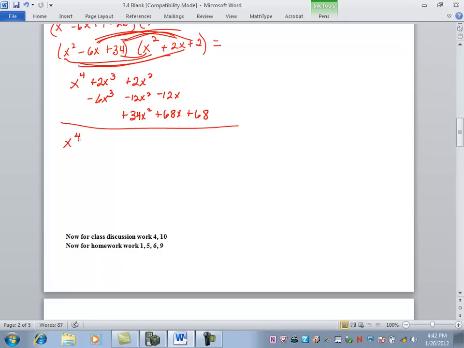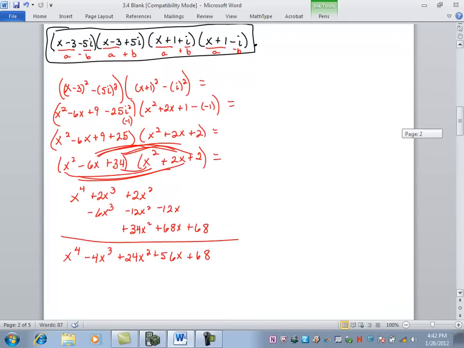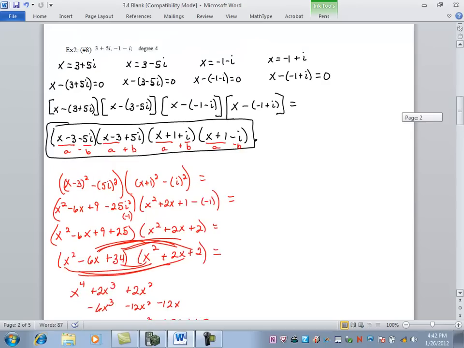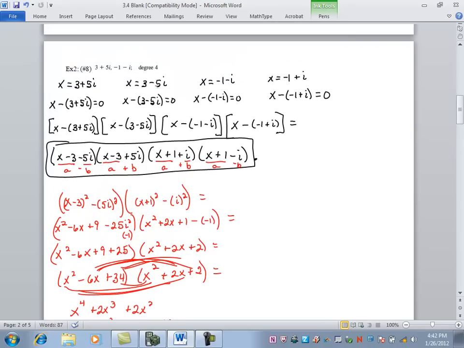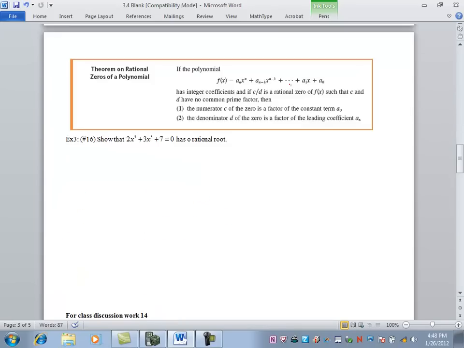And so we've got x to the fourth minus 4x cubed. Let's see here, 34 plus 2 is 36, minus 12 is 24, x squared plus 56x plus 68. So there's the polynomial that has for its roots 3 plus 5i, 3 minus 5i, negative 1 minus i, and negative 1 plus i.